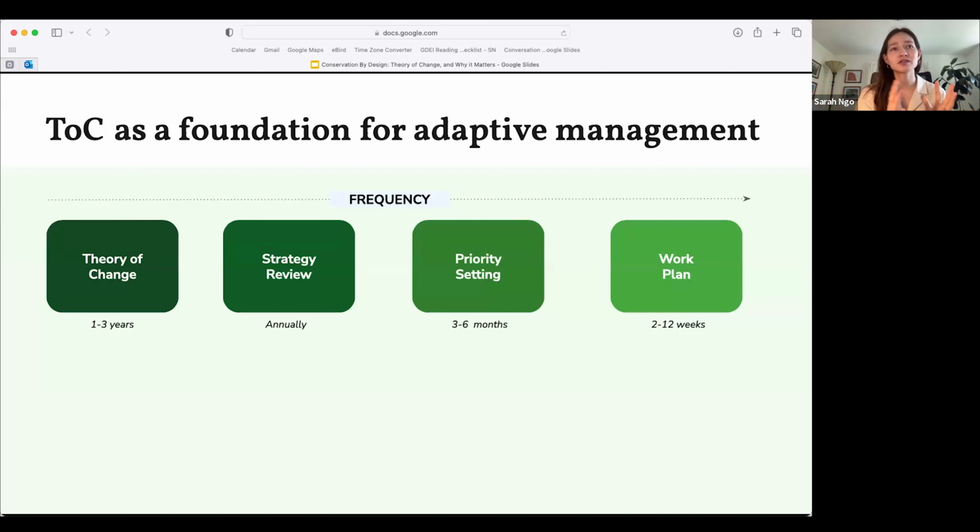So the theory of change is at the very far end, the less frequent end where, maybe every 1 to 3 years, it is useful to have a conversation about reflecting on evidence and progress, and discussing potential adjustments to that theory of change. But then the theory of change can, even if we're not reflecting on that specifically as often, be the backbone for a much more frequent cadence of adaptive management as well.